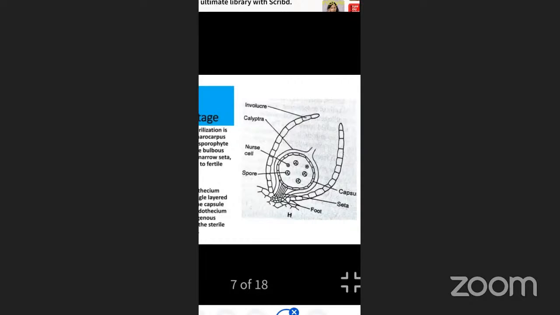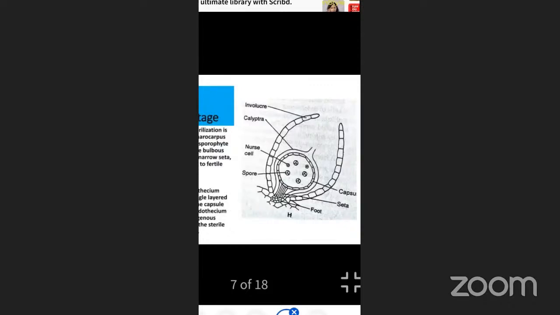The single layer capsule wall is formed from the outer amphithecium, and the entire mass of the endothecium acts as sporogenous tissue, or archesporial cells.